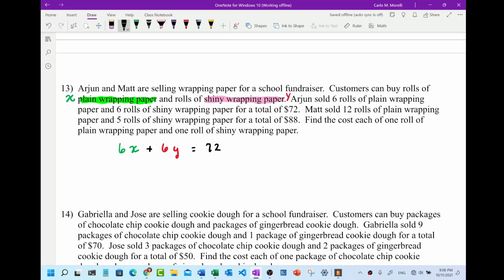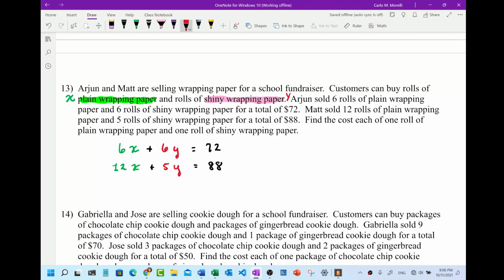And then it says Matt sold 12 rolls of plain wrapping paper, so that's going to be 12x, and 5 rolls of shiny paper plus 5y equals, how much did he make? $88, so equals 88. And basically it wants us to find the cost of each. Don't worry about that. All you want to do is solve for x and y, ladies and gentlemen.